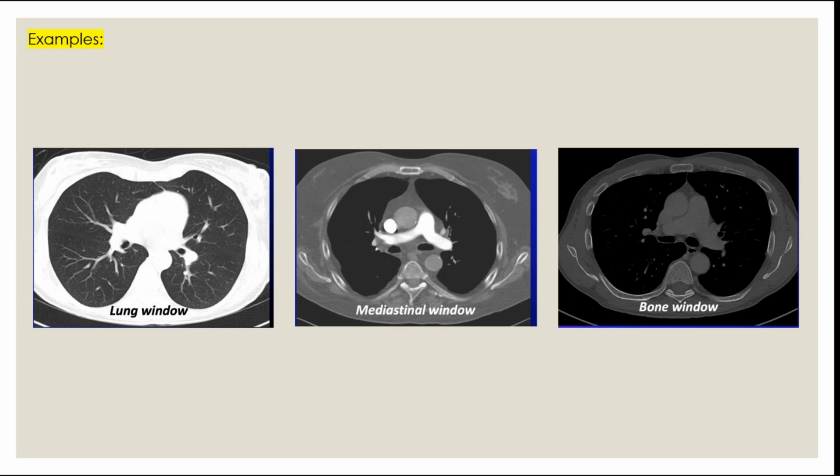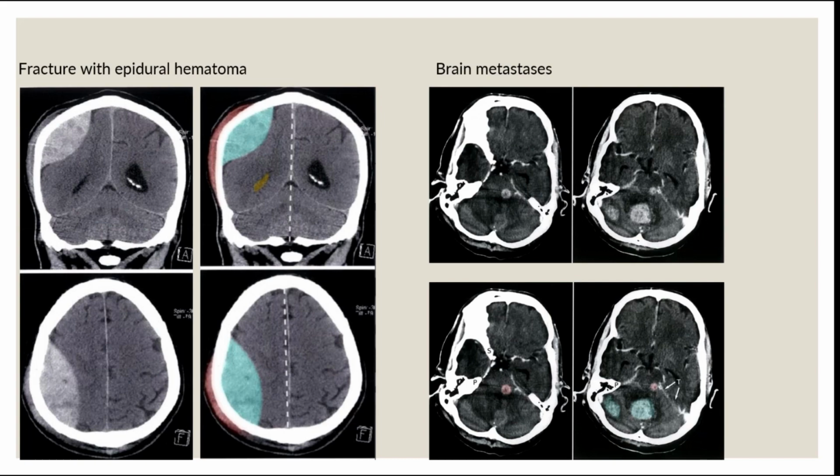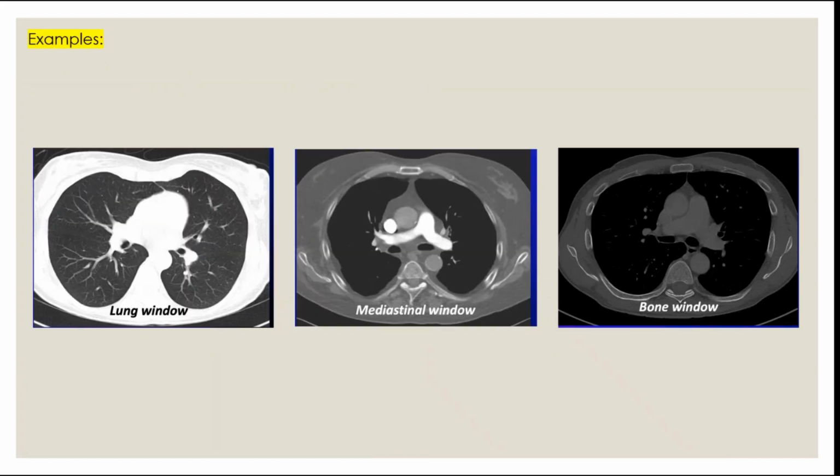If he wants to see the bone window, it's going to be plus 500. So we can make it more specific by going to a specific Hounsfield of a gray shadow. Just remember that lung, mediastinal, and bone window, these are the ones to mention in the final.